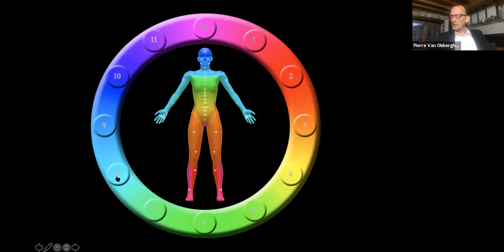I said in the courses that when you mix red with deep blue, you come out with magenta. There was some question about it, because they didn't understand how, if you mix red and deep blue, you come to magenta. So I have to make a point here.